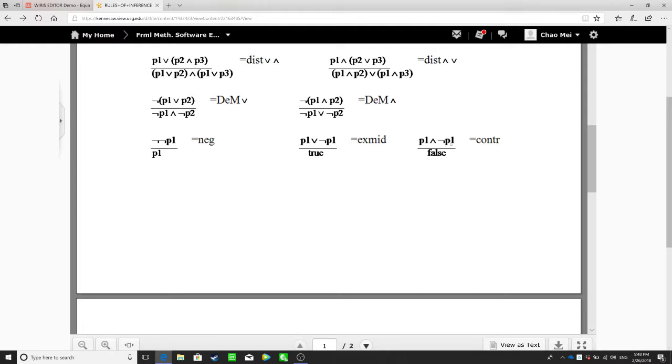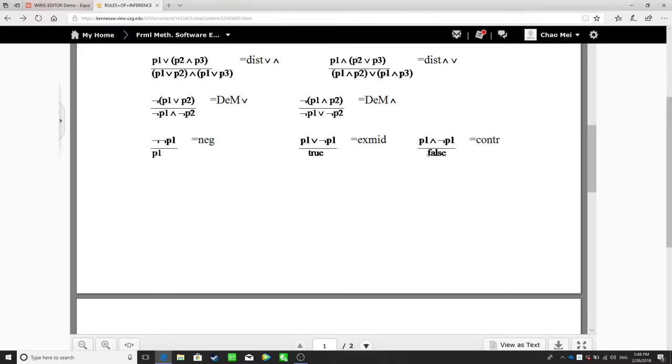Actually, even if you do not look at these rules of inference, you should know A and negation A is false, right? Because if A is false, negation A is true. If A is true, negation A is false.